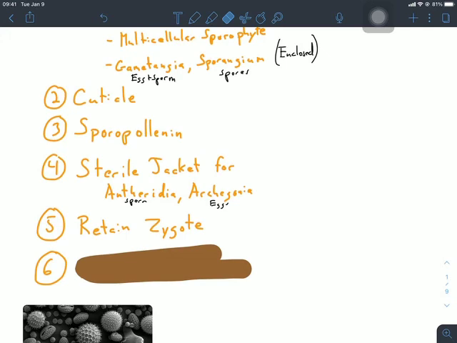The zygote will then go ahead and make its sporophyte attached to the mother gametophyte, and from there, the spores will be produced in our sporangium and set forth to explore the world and continue to colonize new places.